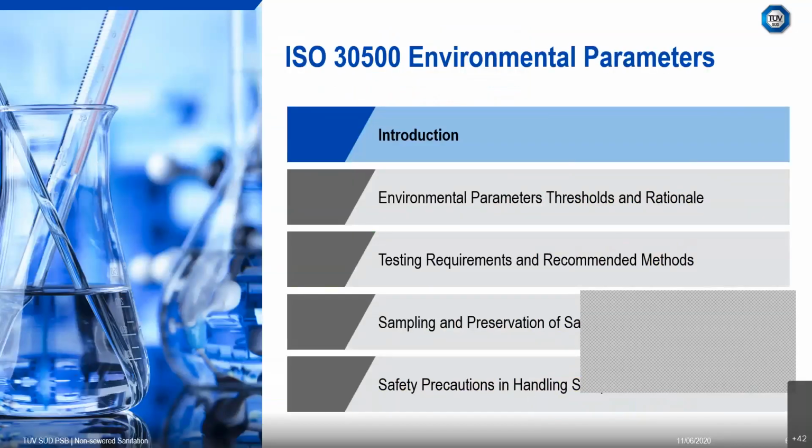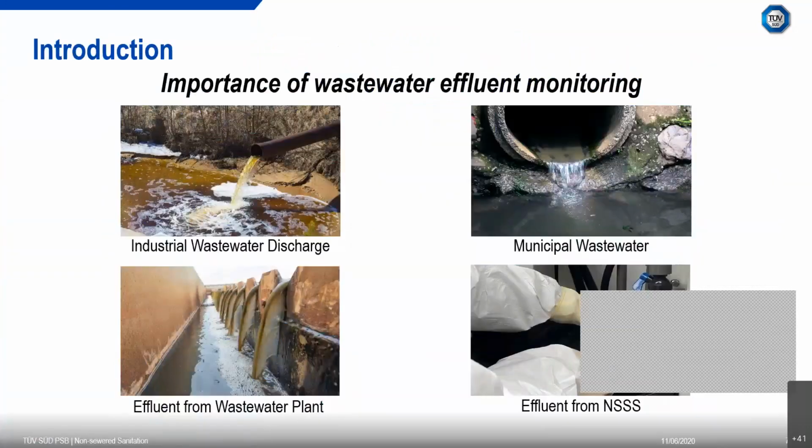To start with our webinar for today, what is wastewater effluent? And what is the importance of monitoring it in any kind of wastewater treatment? Wastewater effluent is the final product or liquid output from treatment processes that meets certain quality standards, which can be discharged into bodies of water such as wetlands, rivers, or streams.